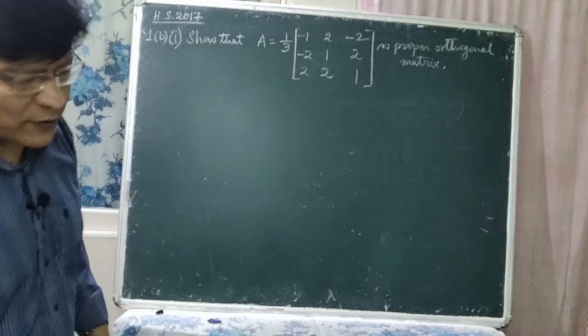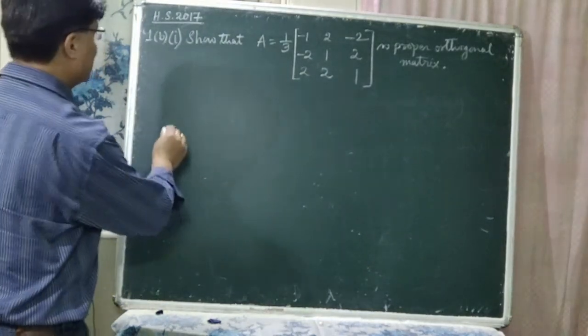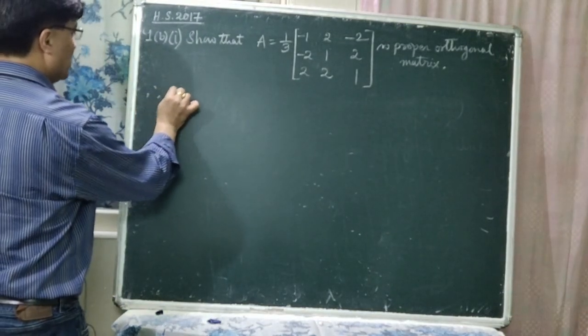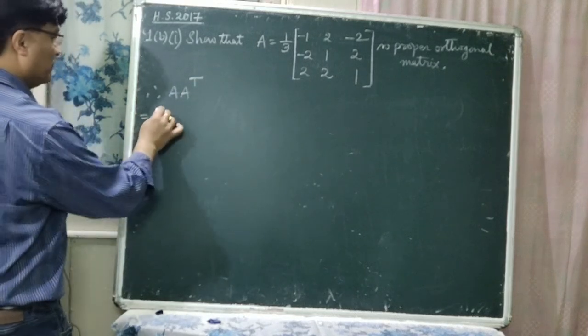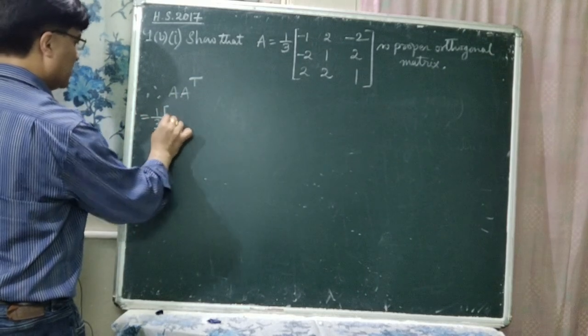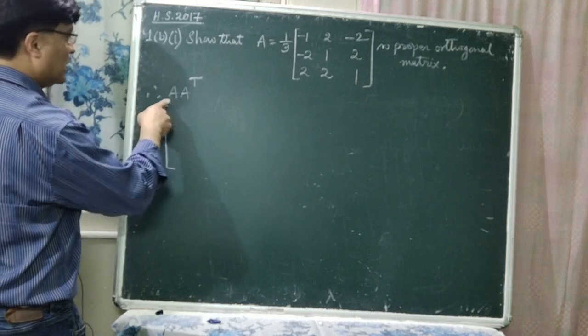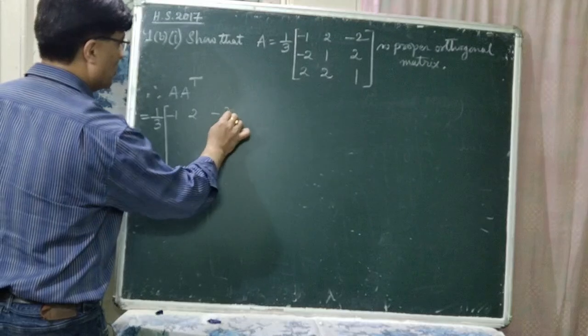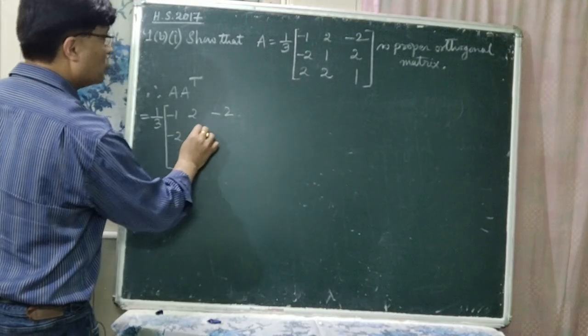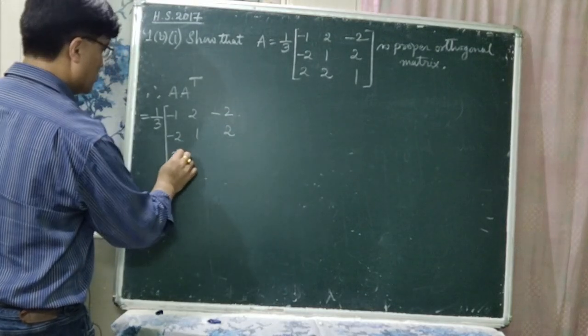So let us find out first A dot A transpose. Therefore A dot A transpose is equal to 1/3 times the matrix A: -1, 2, -2, -2, 1, 2, then 2, 2, 1.